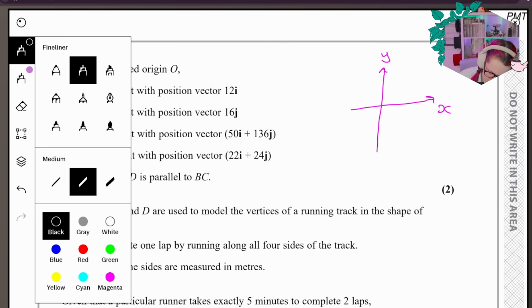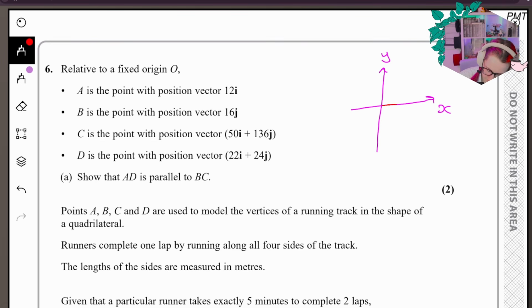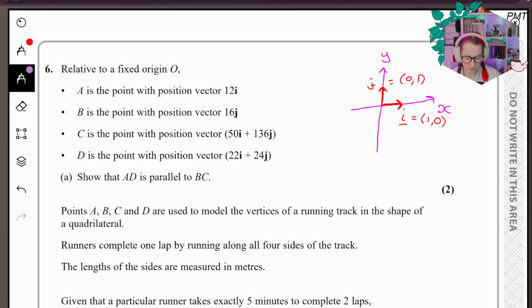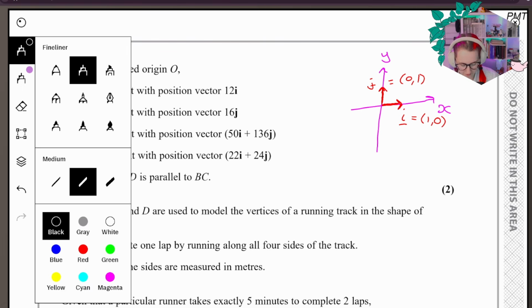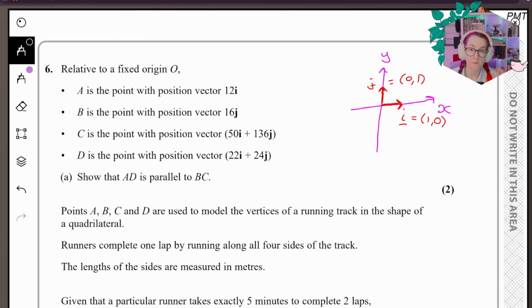So i is the vector here, which is just one step in the x-axis. j is the vector here, which is 1 in the y-axis. So i and j are basically how far along the x-axis and then how far along the y-axis you go.